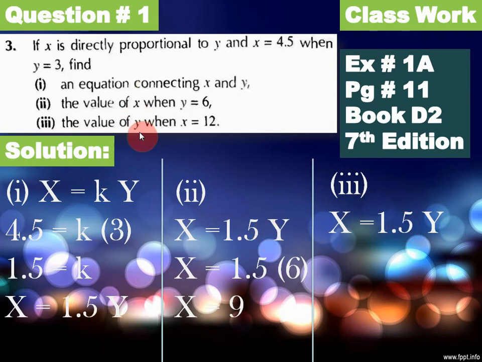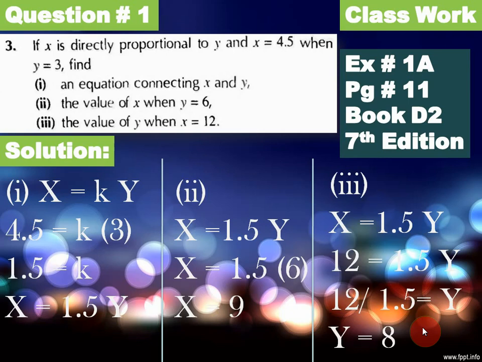So find the value of y when x equals 12. Now we use x equals 12. Here we have 12 equals 1.5y. 12 is divided by 1.5, so the answer becomes 8. So you can see that these questions and the previous lessons or questions are almost similar. If you have any query about this exercise number 1a, you can directly ask how to solve these kinds of questions.